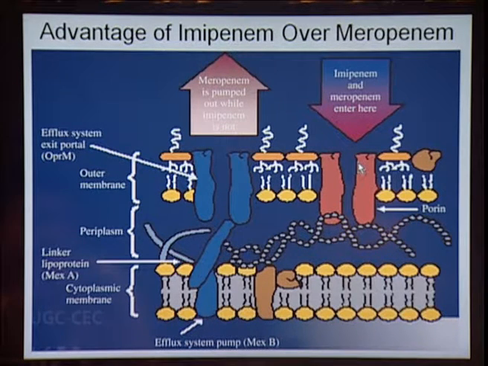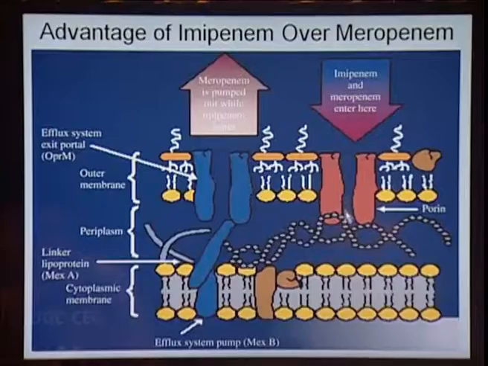Now, if it is a particular 2-layered gram-negative bacteria, then there will be a first level entry and then a second level entry. This entry is successfully made by imipenem, but not by meropenem.